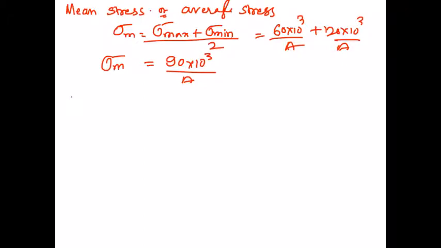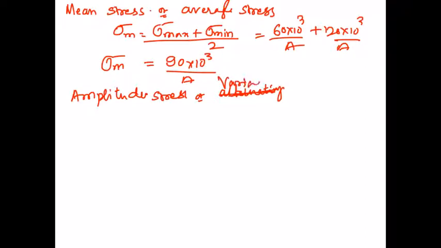Now we will go for the amplitude stress, or alternating stress, or variable stress. Sigma amplitude equals sigma max minus sigma minimum divided by 2.